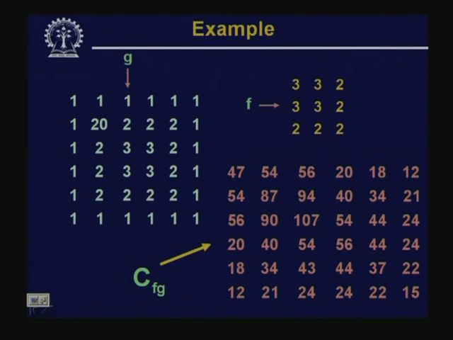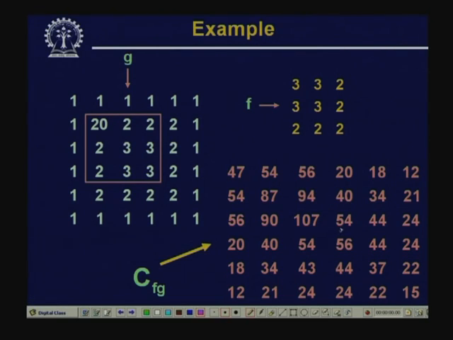Now, from this you find that here the maximum cross correlation value is coming at this particular location, which is given by 107. And if I take the cross correlation values to be the similarity measure, that means this is where I get the maximum similarity.